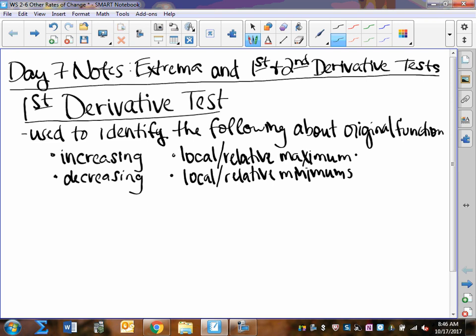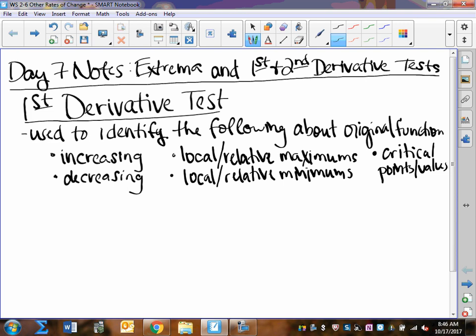We make that plural because we can't have just one. And it also lets us identify critical values or critical points. You'll hear it referred to both ways. We'll talk about what this is in just a moment.